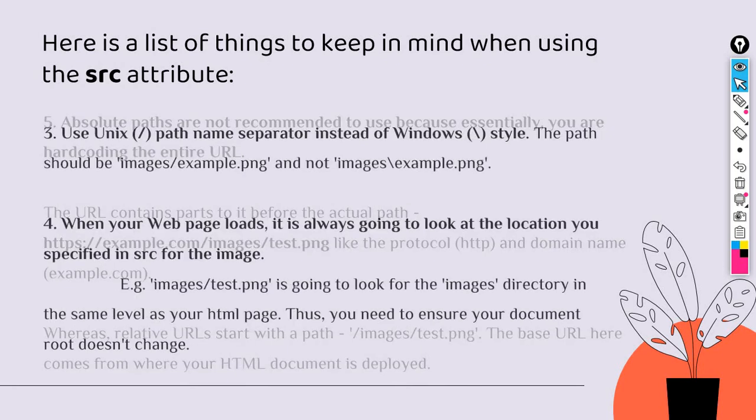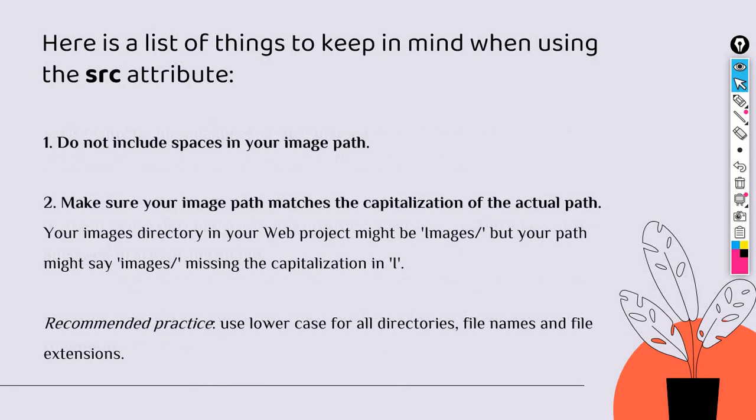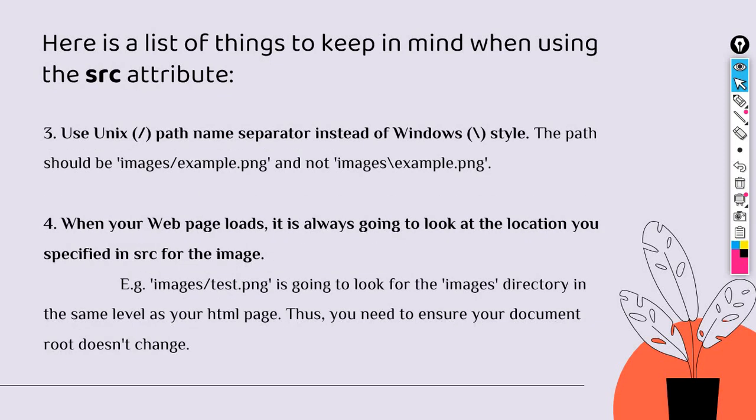So let's review. For the source attribute, you need to keep in mind that you should not include any spaces in your image path. Make sure your image path matches the capitalization of the actual path. Use Unix path name separator instead of Windows style.